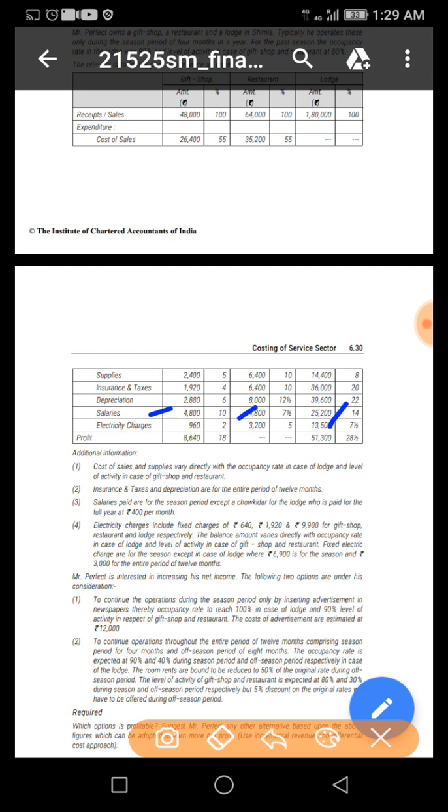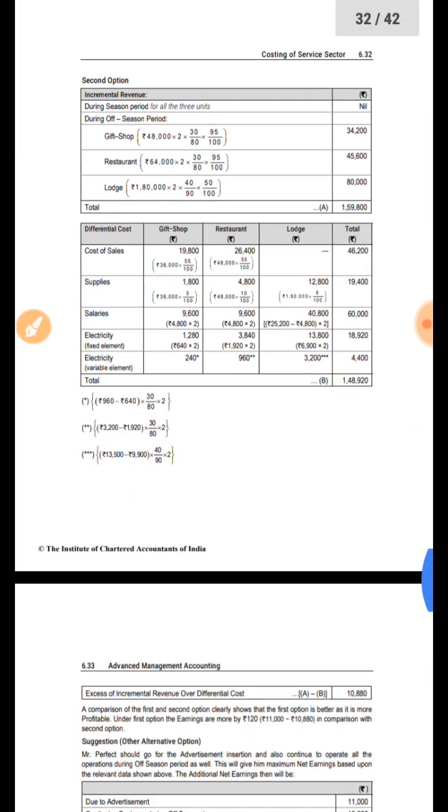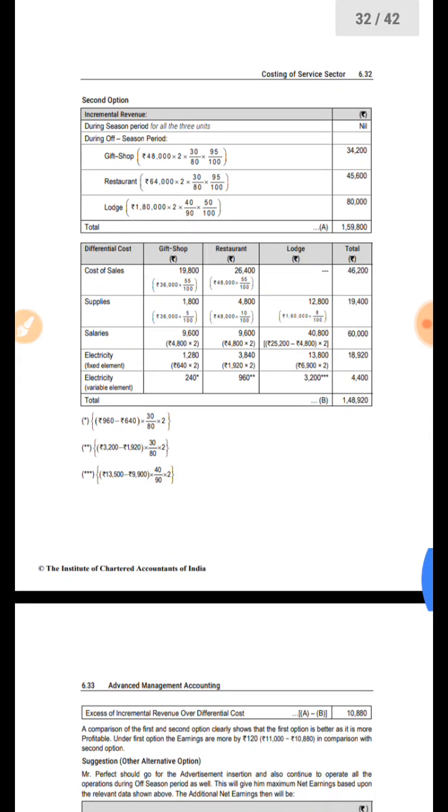Now coming to this 25,200. In that, our note is there, no? For the full year he has been paid. That alone we will remove, because that will be there anyways.